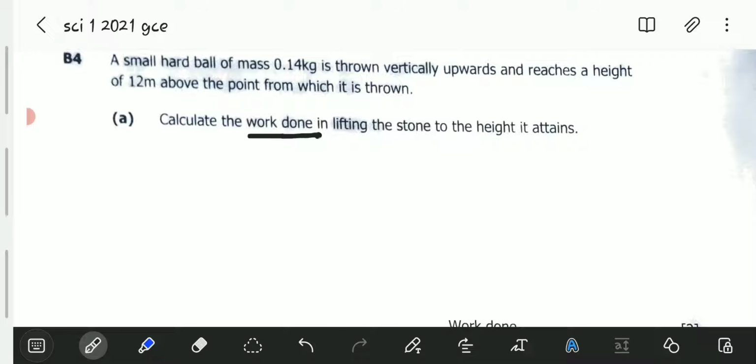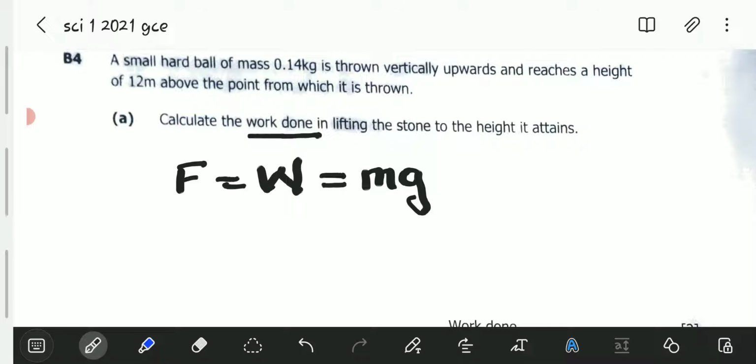It is calculated by finding the weight of the object, which is the force, multiplied by the height the object attains. So the force is equal to the weight, which is mass times acceleration due to gravity.